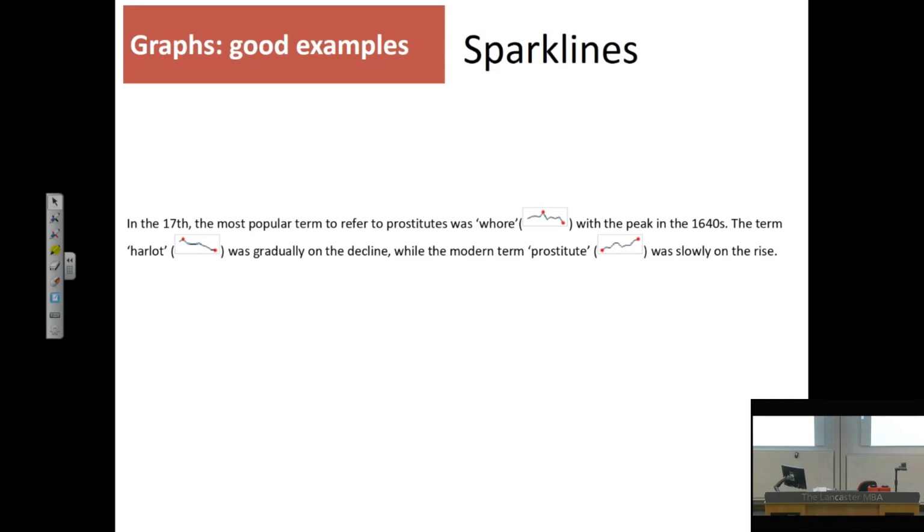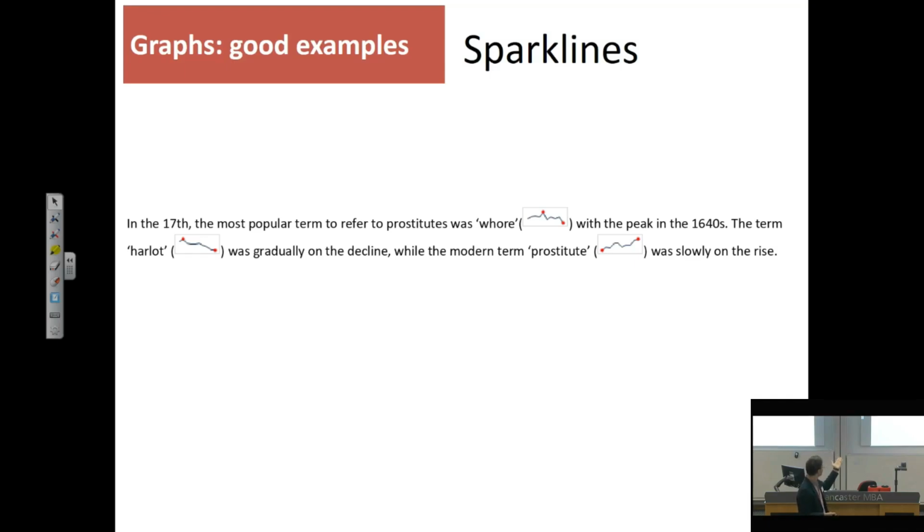The data here is based on Tony McEnery's book on prostitution that you can read if you are interested in this social topic, prostitution in the 17th century. But what we can see is that there are different naming strategies for people who we would now call sex workers, perhaps.